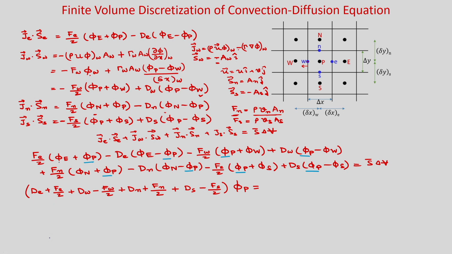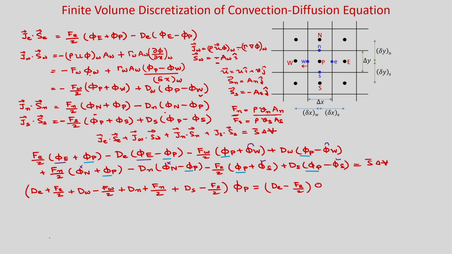So, you take the phi e term, then phi w, then phi n and phi s on the right hand side. If you write the coefficient of phi e, you can see here minus d e phi e. On the right hand side it will be positive d e, and here you see f e by 2 phi e, so it will be minus f e by 2 here.